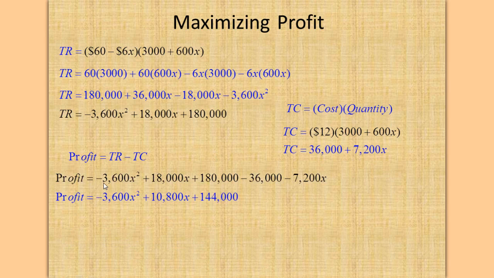So our total revenue minus 36,000 and minus 7,200x. If we do the addition there, our profit is equal to minus 3,600x squared plus 10,800x plus 144,000.